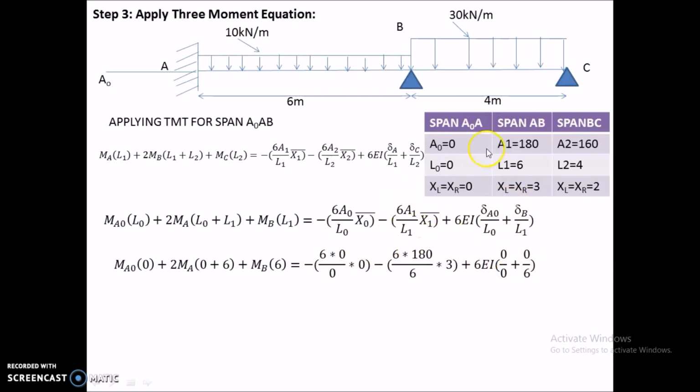Coming to this value, A1 is 180 and X1 bar for this span will be XR, it is 3 by 6, L1 is 6. So by solving this, we will get an equation as 12 MA plus 6 MB is equal to minus 440. So mark it as 1.